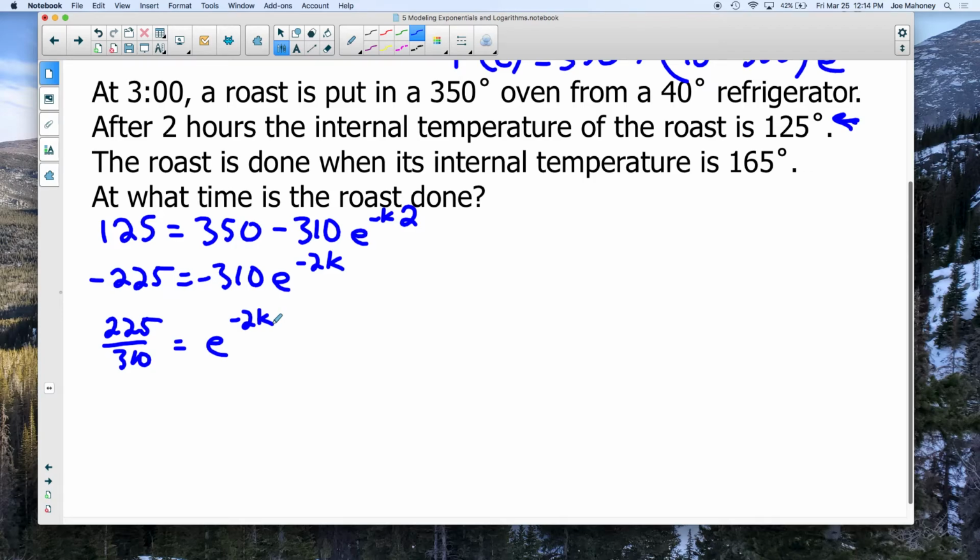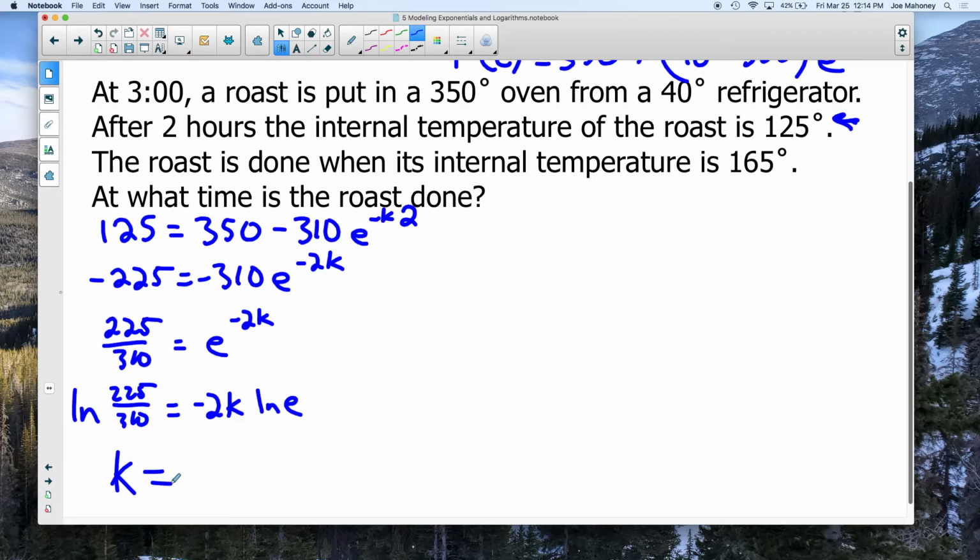Let's start natural logging things. So the natural log of 225 over 310 is equal to negative 2k times the natural log of e. We've seen this before. We know the natural log of e goes to 1. We're going to divide both sides by 2.